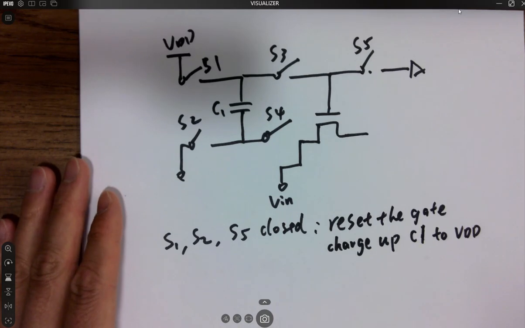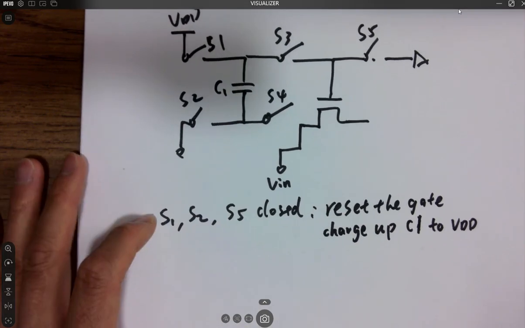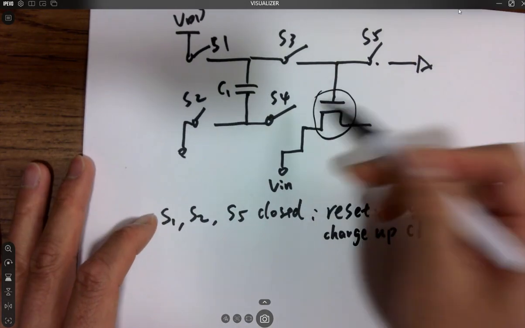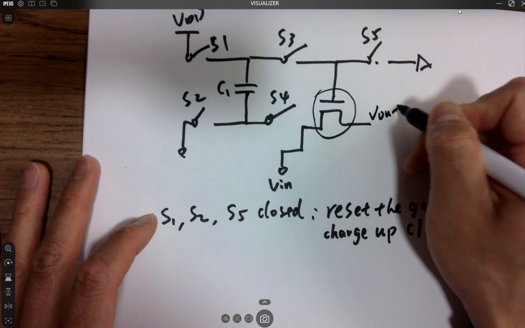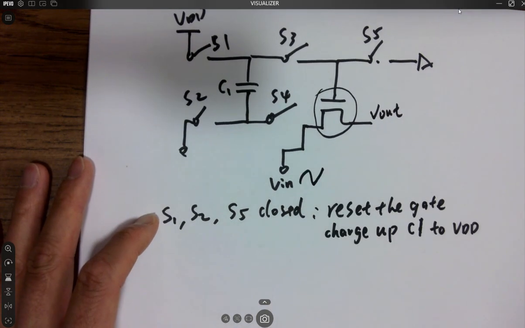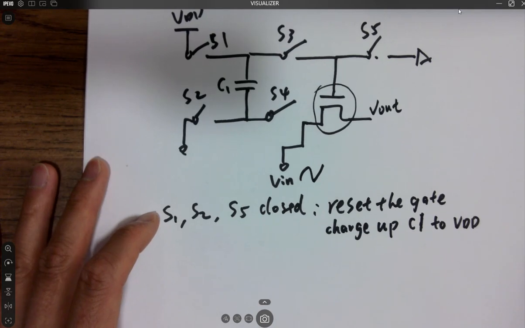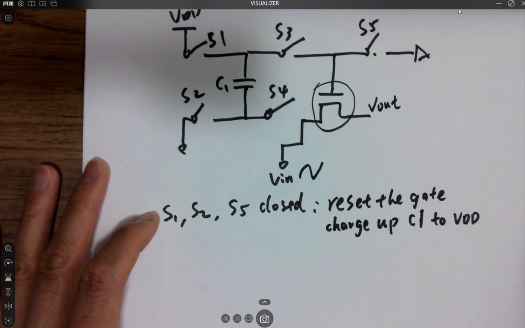And my question for you is, during this phase, here's the VL, here's the analog V in. Is this transistor doing holding or sampling or tracking?